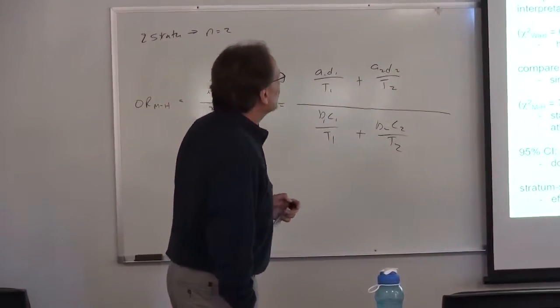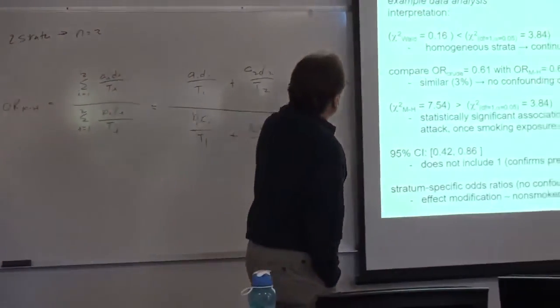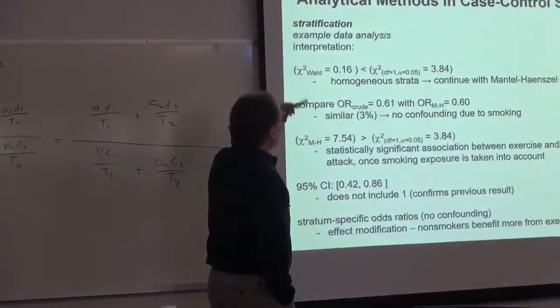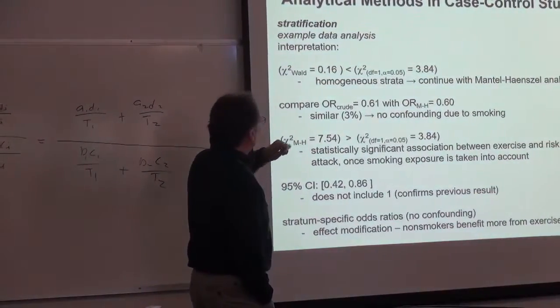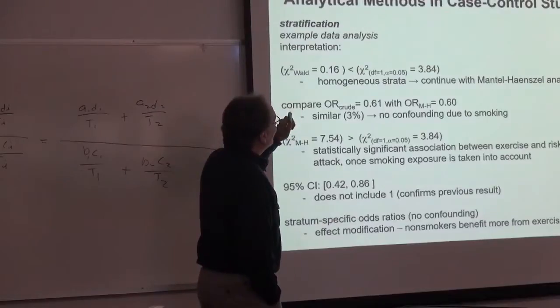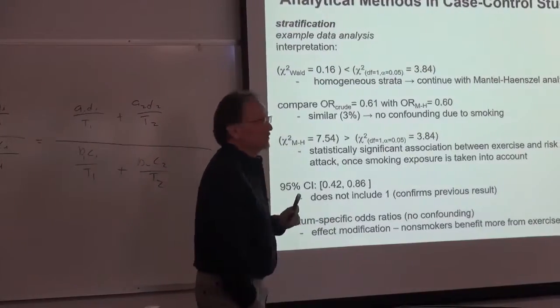Okay, so far so good. It's homogeneous, so we can use Mantel-Haenszel. Delta percent is 3%, so that means our stratification variable is not a confounder.